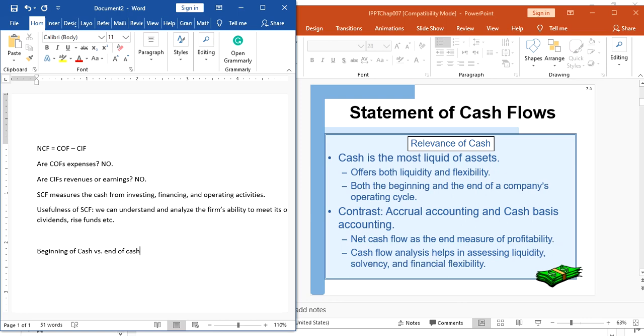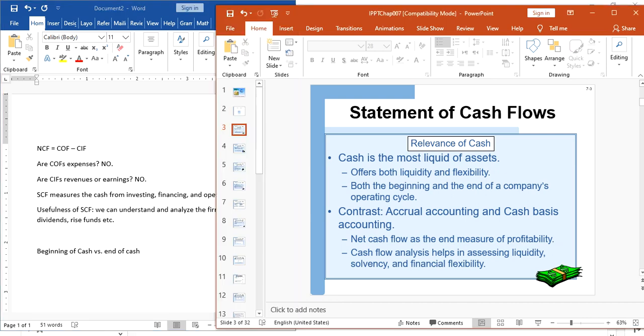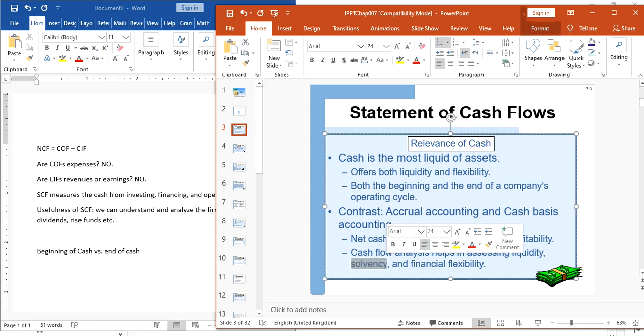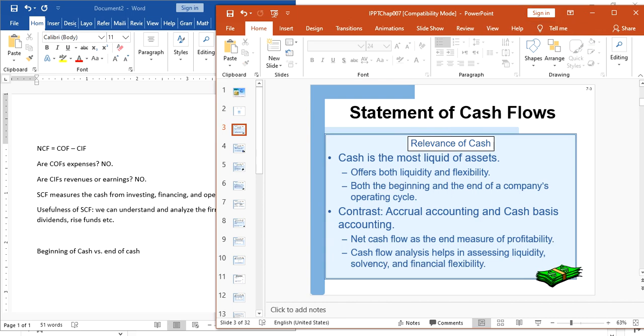And flexibility is the ability to raise finance for unexpected events as well. So the usefulness is liquidity, solvency, and financial flexibility. How far is this company from bankruptcy? If they are out of cash, the riskiness of the company will rise.